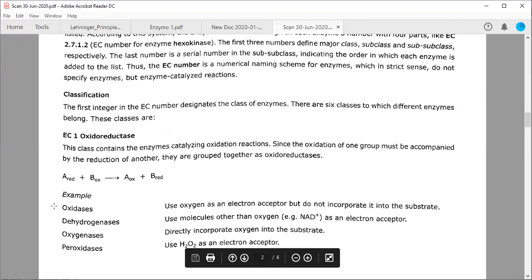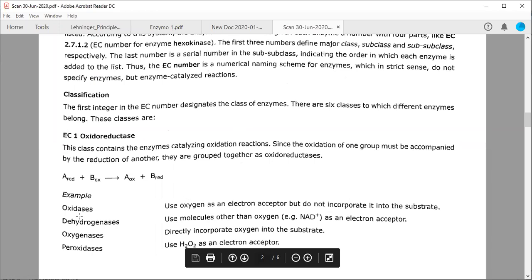Sometimes in competitive examinations, you are provided with these enzyme names, for example oxidase, peroxidase, oxygenase, dehydrogenase. You are very familiar with dehydrogenases, but oxidases, peroxidases, and oxygenases are also involved in oxidation-reduction reactions, and all these are examples of class 1, the oxidoreductases.